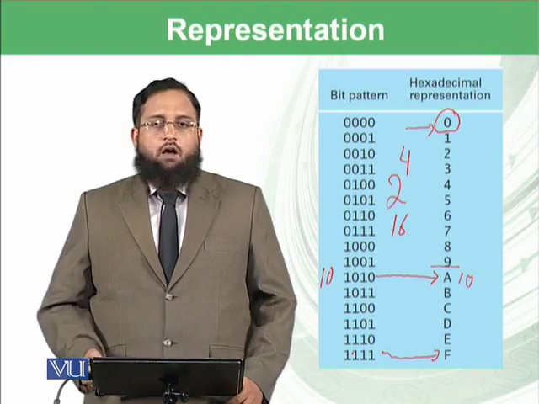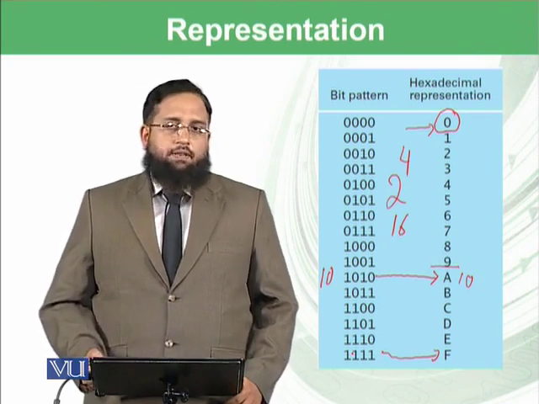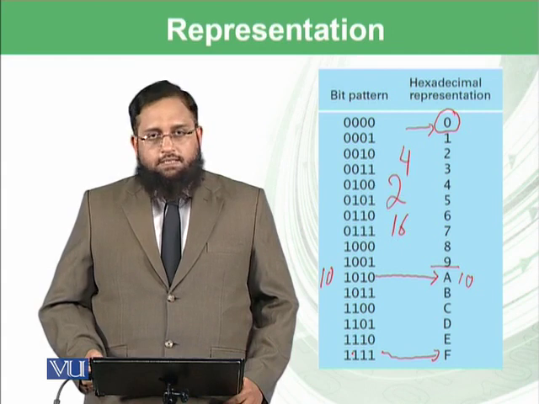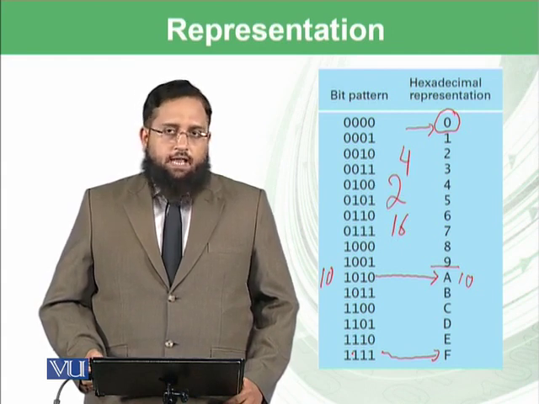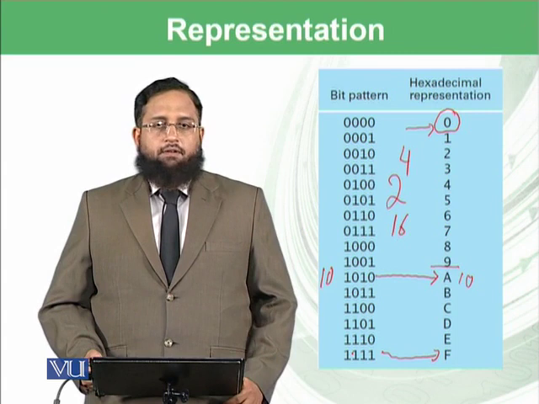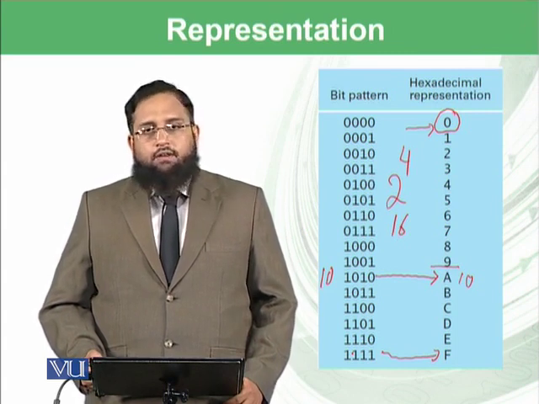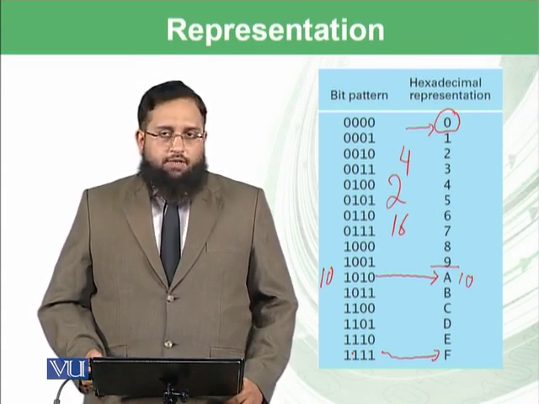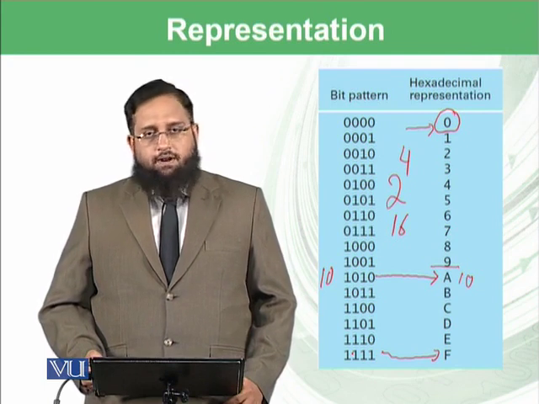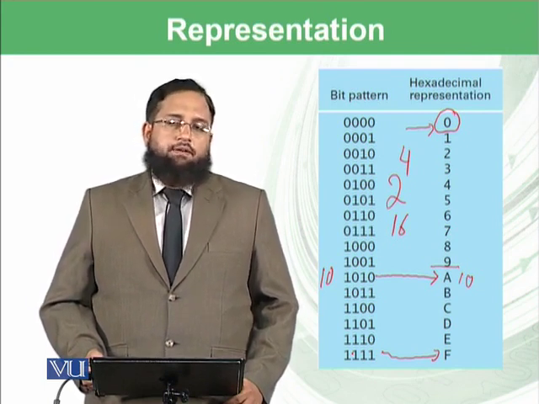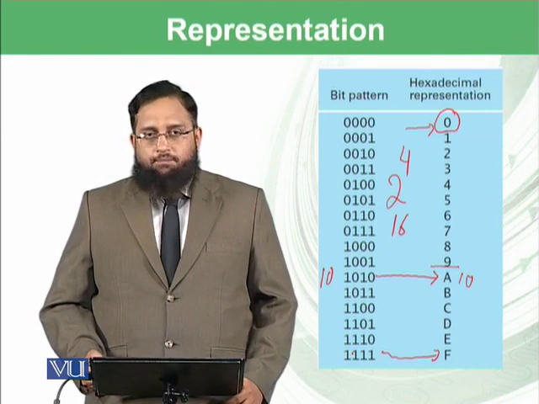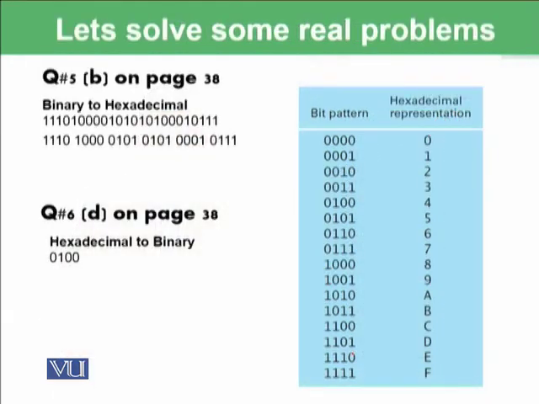These are all the possible 16 combinations of 4 binary digits, and for each bit pattern we have written one typical symbol. Whenever we see a pattern, we will represent it with the corresponding symbol. So let's have some examples.